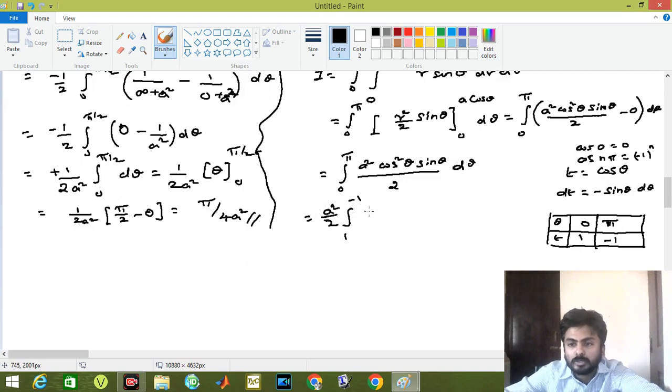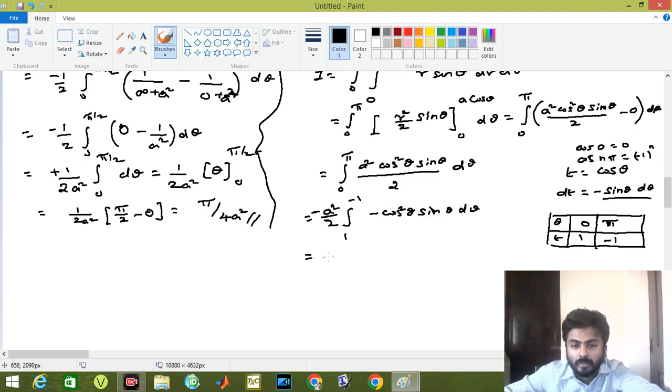Cos theta can be written as t, so t square, and minus sin theta d theta is dt. So you have to multiply by minus 1, putting minus outside and minus inside, that is minus cos square theta sin theta d theta.